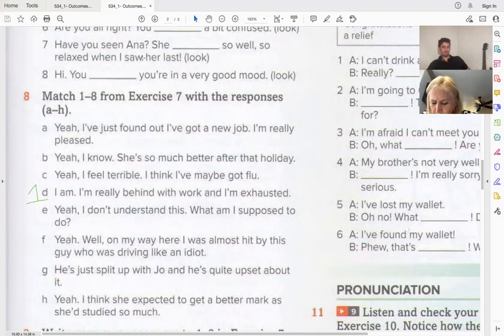Are you all right? You look like you've seen a ghost. Yeah, I feel terrible. I think I maybe got flu. Could be, but there's another one that could be.